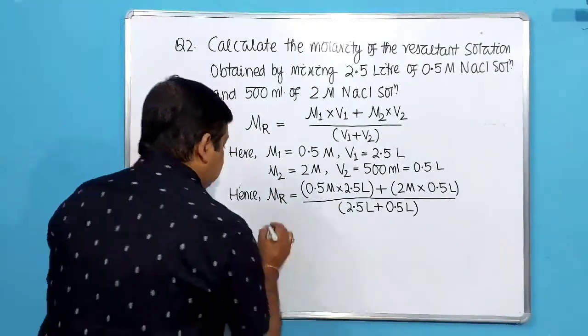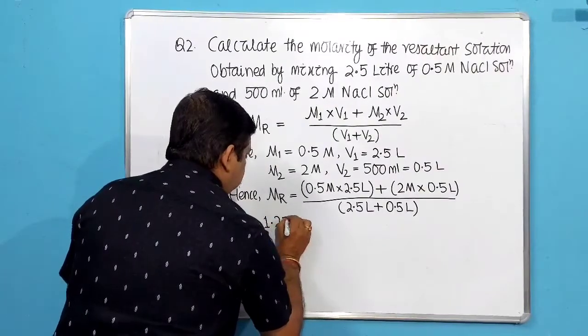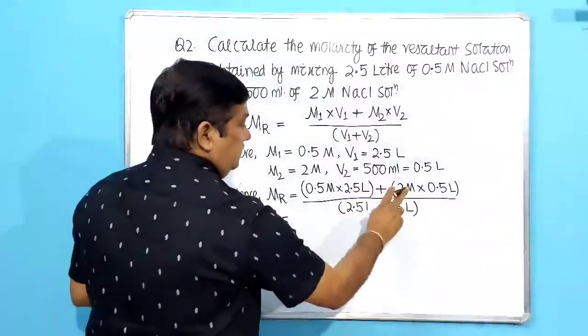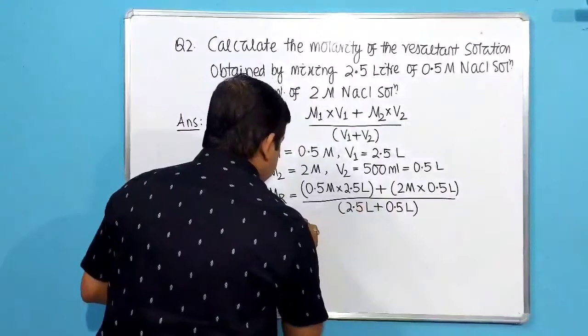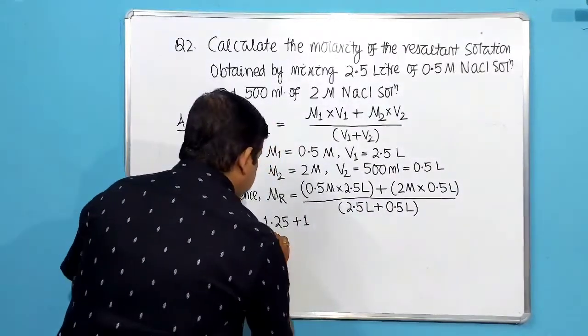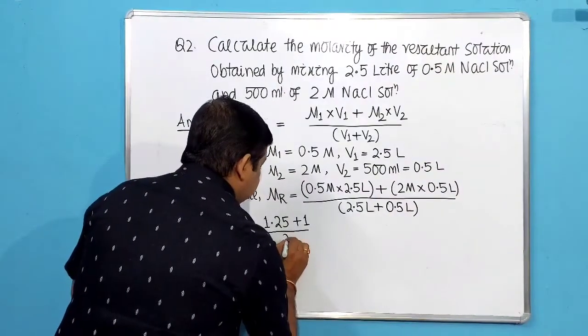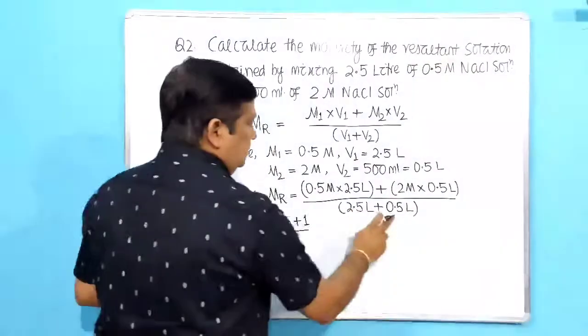So it will be 1.25. Then 2 into 0.5 will be 1, plus 1 divided by 2.5 plus 0.5, that is 3. What will be unit?